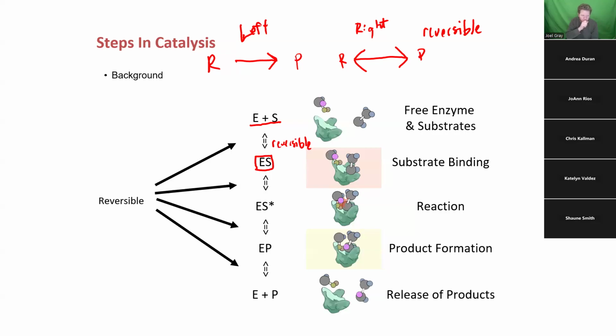Okay. So my point there is when you see that forward and backward arrow, think, that means it's reversible. Just as we made the product, that product could go back to make our reactants. So E plus S could yield the ES complex, but that ES complex could break down. This is a really important slide.